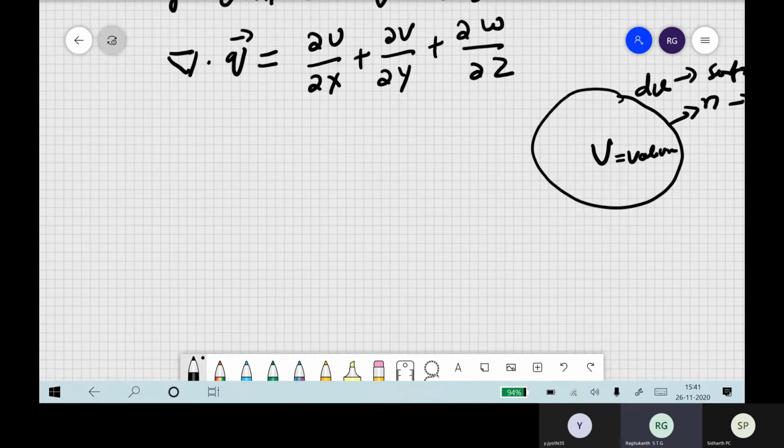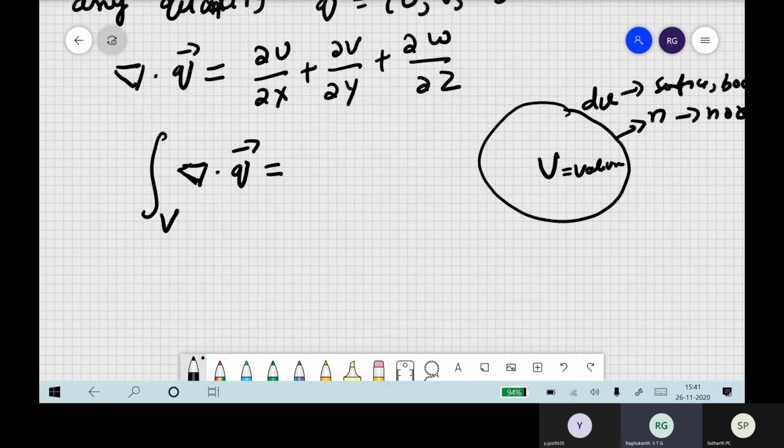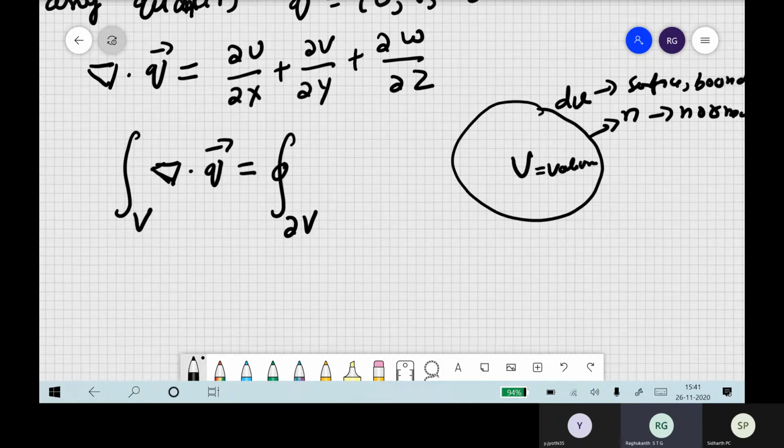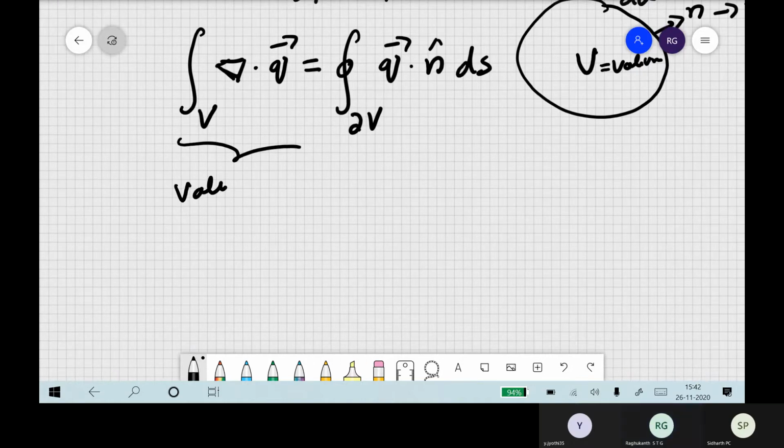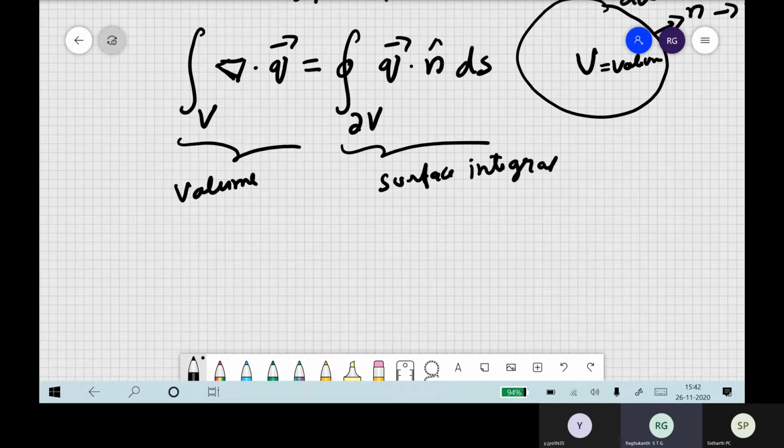So what the Gauss divergence theorem says is, if I compute this integral, that is the divergence of this function, okay, so divergence of any vector, say, q, it says that instead of doing the volume integral, it is related to this integral also. So q dot n, okay, ds. So this is how the integral goes away. So this is my volume integral, and this is my surface integral actually. Okay, so this is where our Gauss divergence theorem comes into picture.